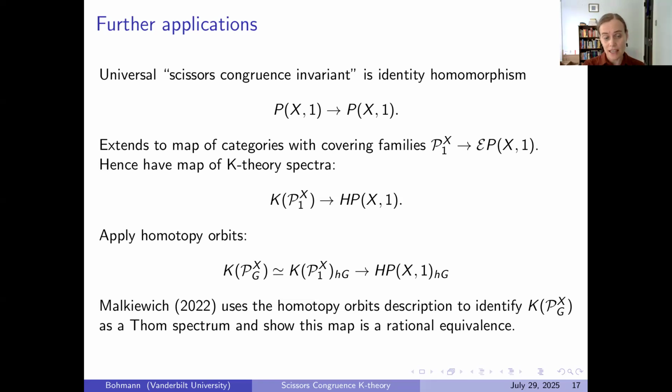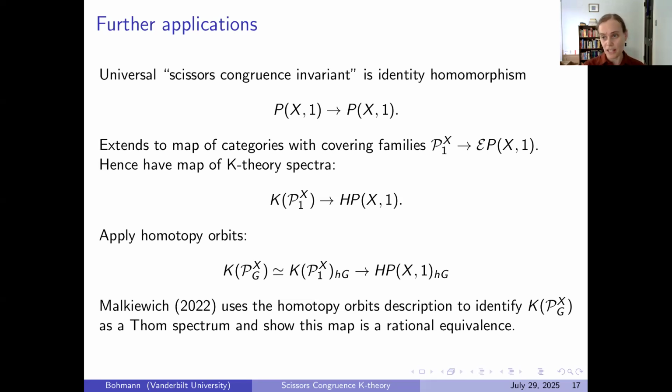So that tells us that we have a map of K-theory spectra from the K-theory spectrum of the category with covering families for scissors congruence to this Eilenberg-MacLane spectrum. And then again, we can apply our homotopy orbits construction, and we can see that the scissors congruence spectrum for any group of isometries, this is the homotopy orbits of the one for just the trivial group of isometries, and that's mapping to the homotopy orbits of this Eilenberg-MacLane spectrum for the scissors congruence group.